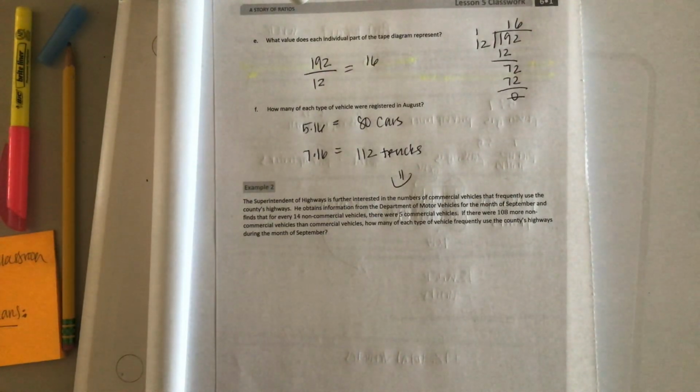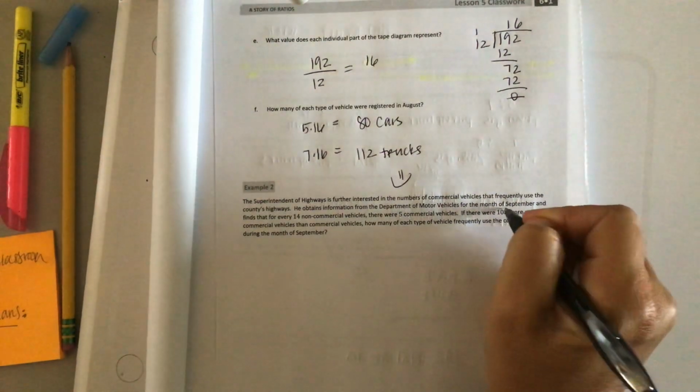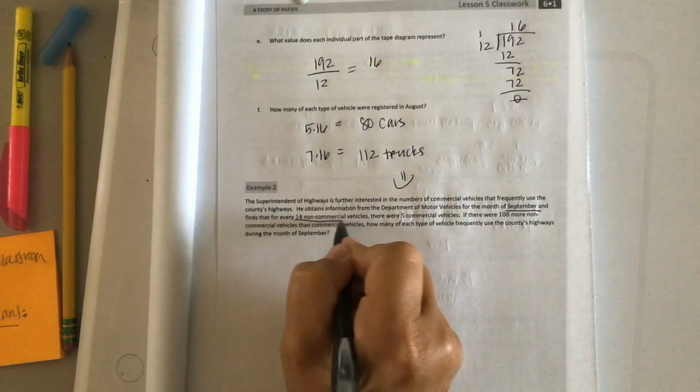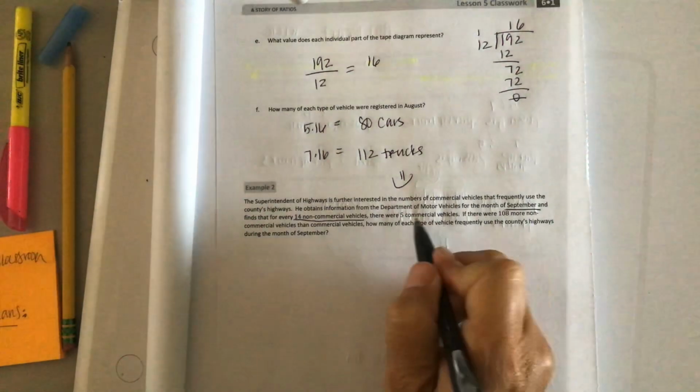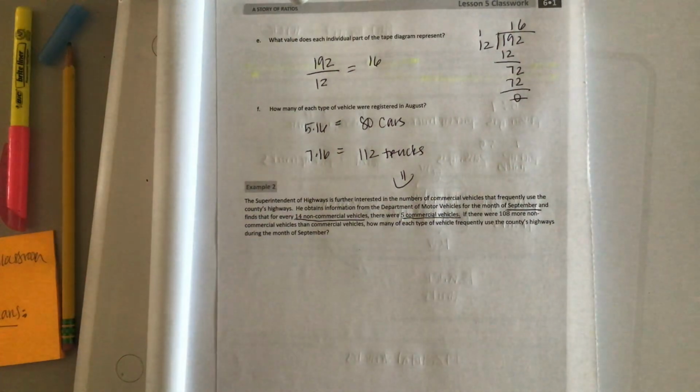The superintendent of highways is further interested in the numbers of commercial vehicles that frequently use the county's highways. Lots of words. He obtains information from the Department of Motor Vehicles for the month of September and finds out that every 14 non-commercial vehicles, there were 5 commercial vehicles.